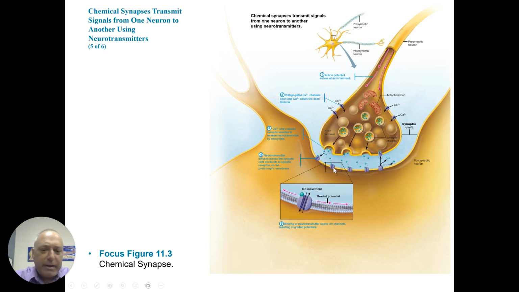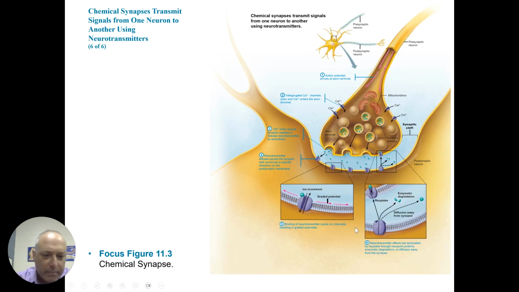Now, this binding of neurotransmitter to its receptor will open ion channels and result in certain graded potentials that could then be added up to reach a threshold themselves. The neurotransmitter will then be mopped up, and this connection will then be closed.